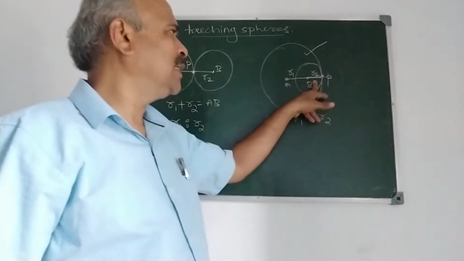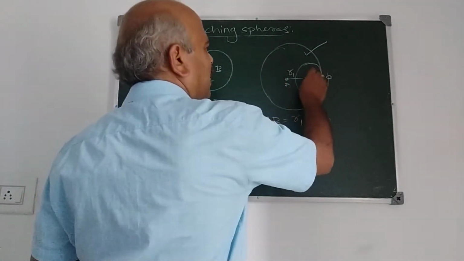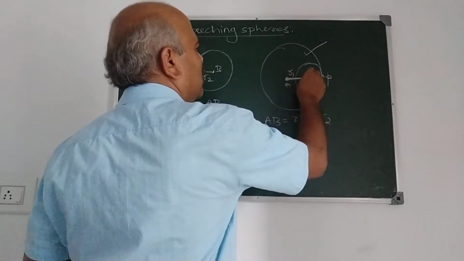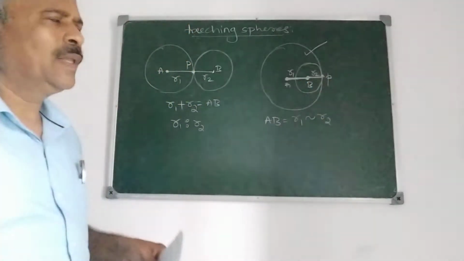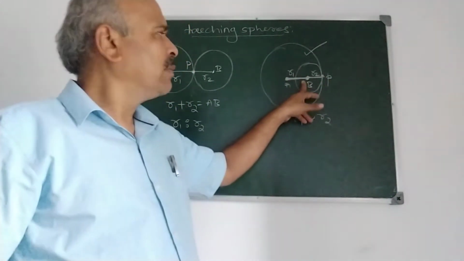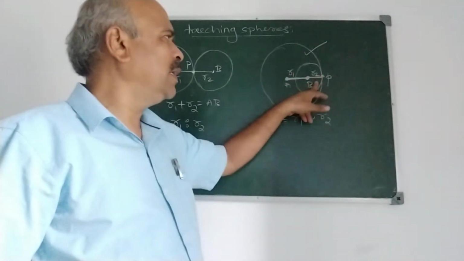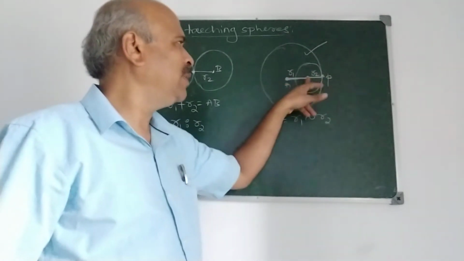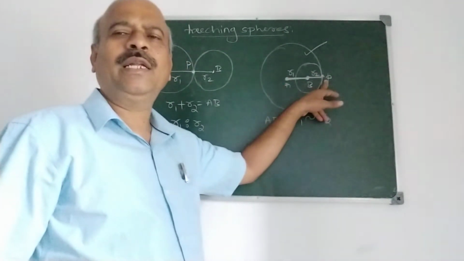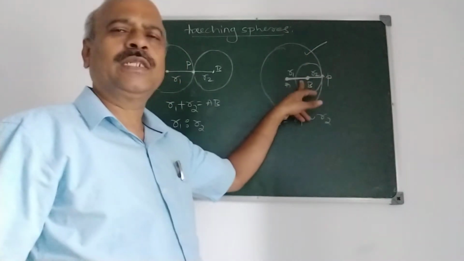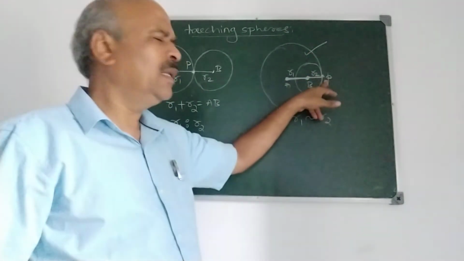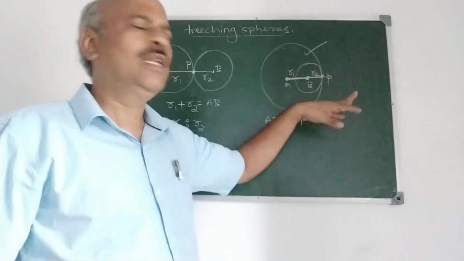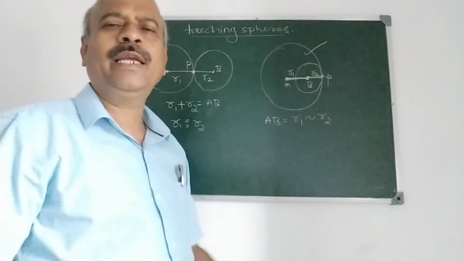If the two spheres touch each other internally, then, with the line of centers AB, this P divides AB externally, because P lies on AB extended, outside. So the point of contact divides the line joining the centers externally in the ratio of their radii.